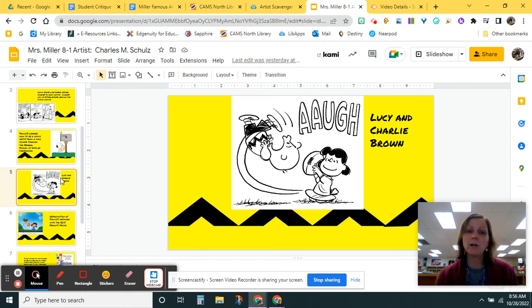So please make sure it's actual artwork from Walt Disney himself and not one of the other animators that works for the Disney company. Through the years, we've had all kinds of people who have submitted pictures of, like, Belle, for instance. Well, Beauty and the Beast was made in the 90s, and Disney was long dead by that time. So he would not have had a hand in that creation.